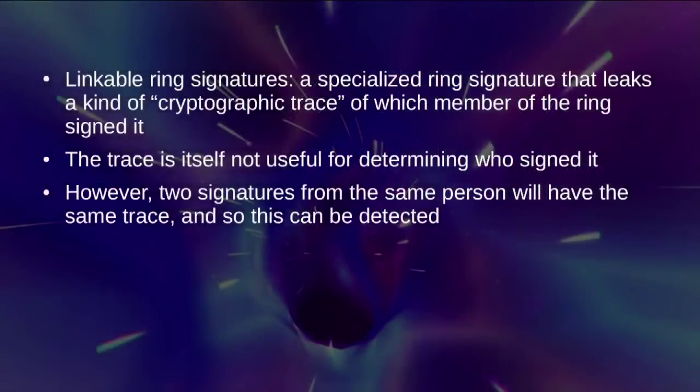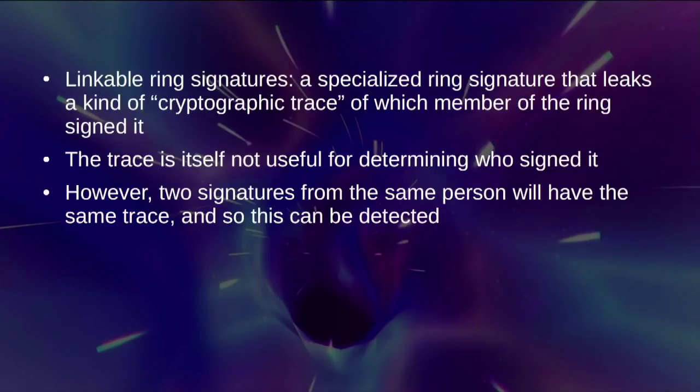There's something called a linkable ring signature as well. You can think of a linkable ring signature as a specialized ring signature that leaves a cryptographic trace of which member of the ring signed it. Now, the trace in itself is not useful for determining which member of the ring actually signed it, because if it was, it would lose the purpose of being a ring signature.